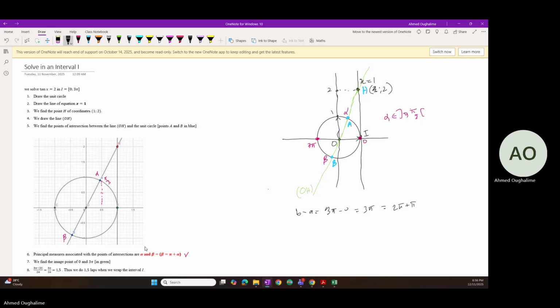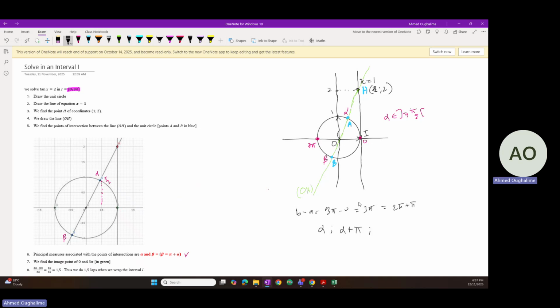Then to read my solutions in the given interval, from 0 to 3 pi, I just start walking my interval around the unit circle and do the reading. So I start from 0, I move alpha distance. So the first solution is alpha. I carry on, I reach pi, and this is beta. So this is alpha plus pi.